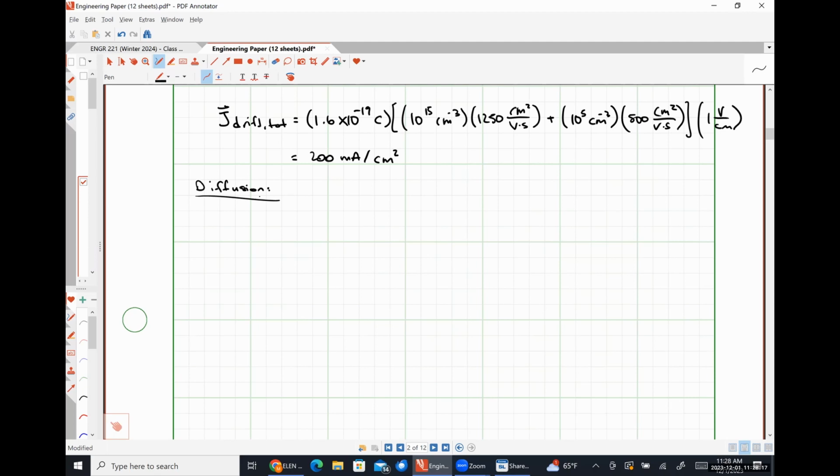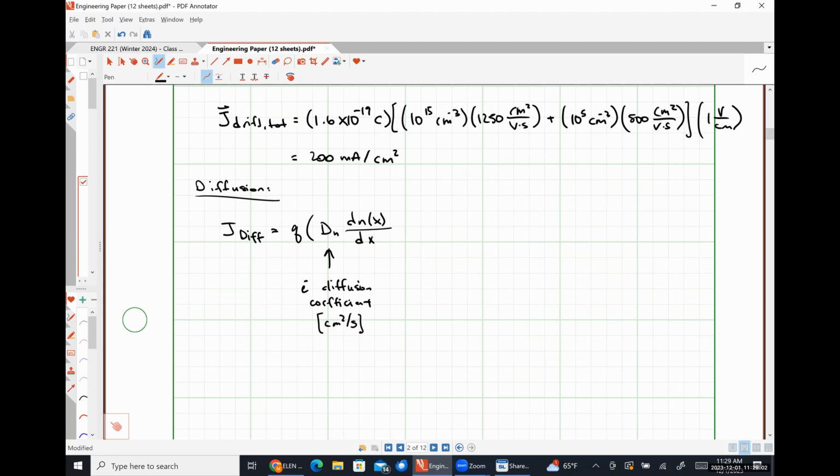And Fick's law says that a diffusion current density, J diffusion, is equal to Q, our elementary charge, times D sub n, where D sub n is the electron diffusion coefficient, measured in centimeters squared per second, times the derivative of our electron concentration as a function of position.